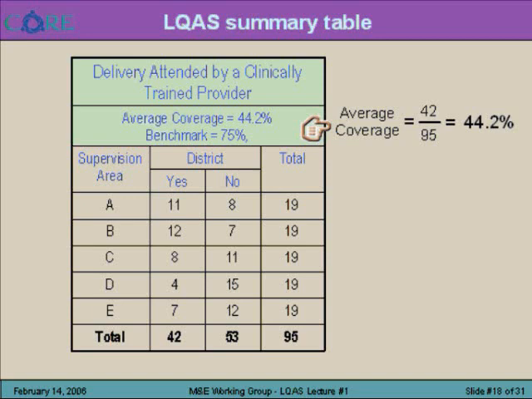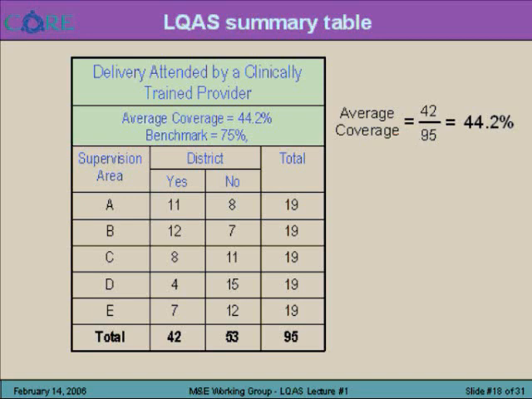This is the average coverage for the entire catchment area. This average coverage is a result of dividing 42 over 95, 42 being the total number of correct responses for those deliveries that have been attended by a clinically trained provider, and 95 the total sample size.